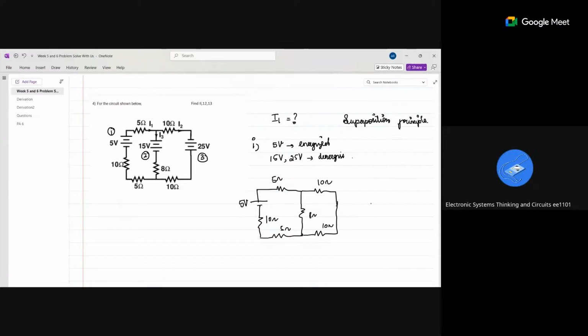Tell me the current I1 in this circuit. 1 ampere. Okay. 1 ampere. Did everyone get the same answer?